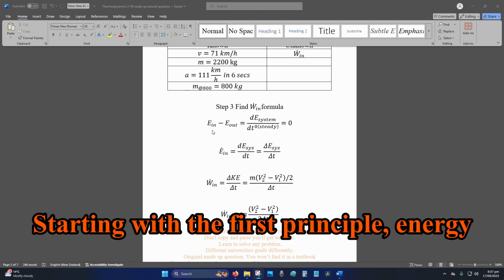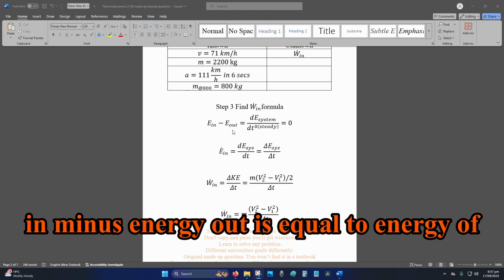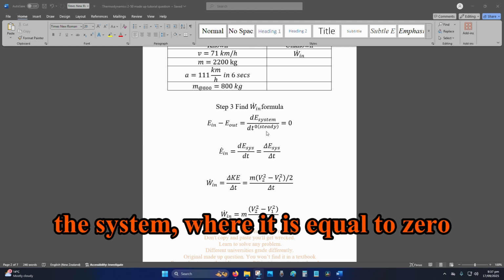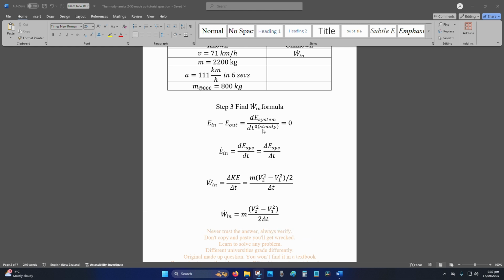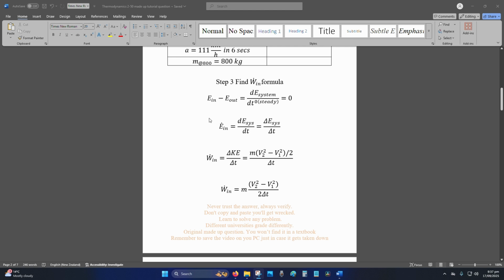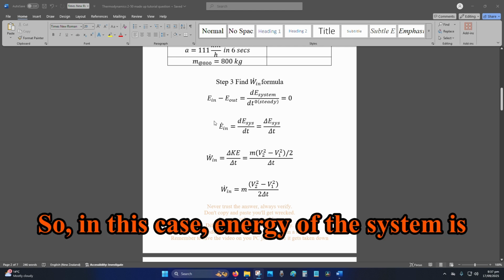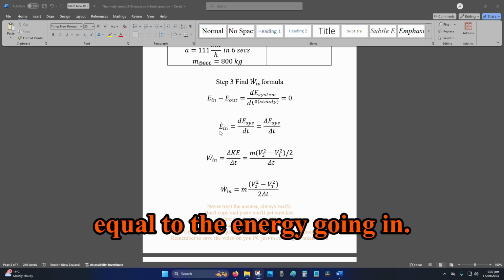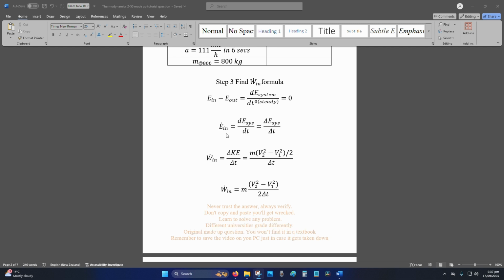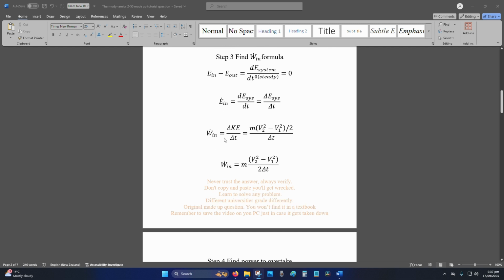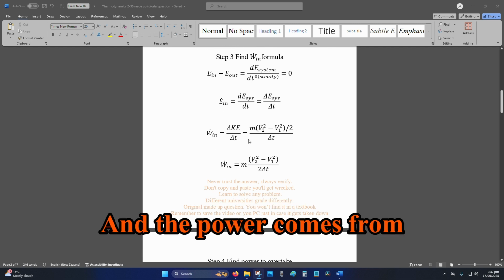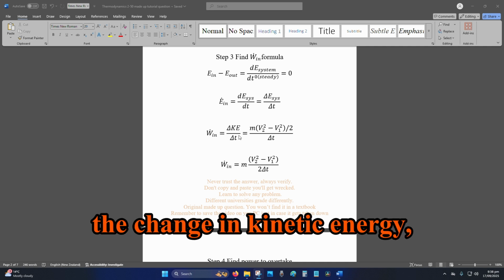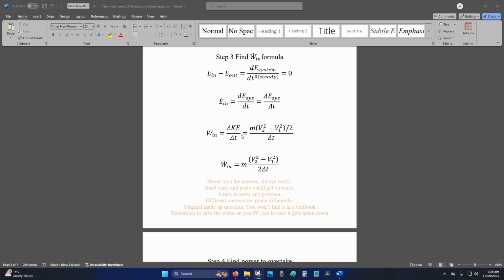Starting with the first principle, energy in minus energy out is equal to the change in energy of the system, which is equal to 0 because it is steady. So in this case, the energy of the system is equal to the energy going in, and the power comes from the change in kinetic energy because they give us the velocity.